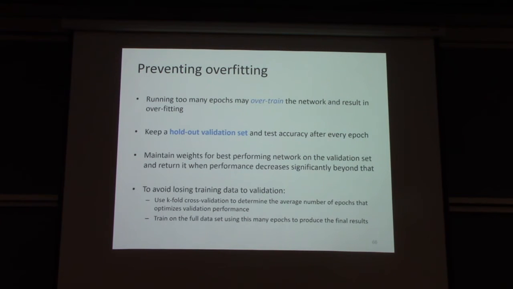The way of addressing this is something that you are extremely familiar with, which is cross-validation. You have k-fold cross-validation to figure out the number of parameters, the number of layers and the number of epochs and all that, and then you train on the full data.